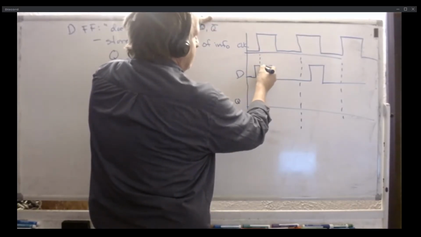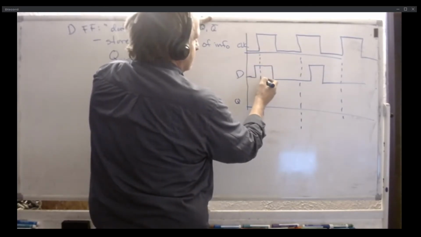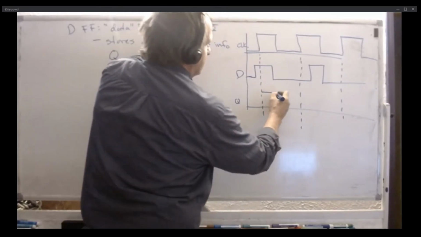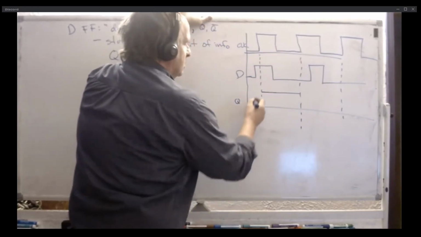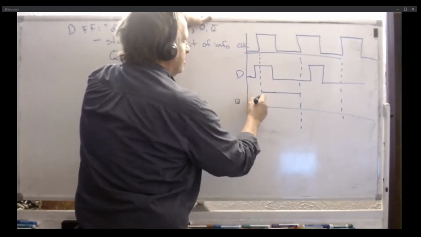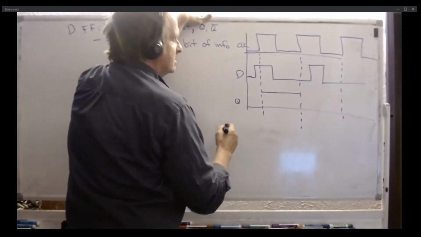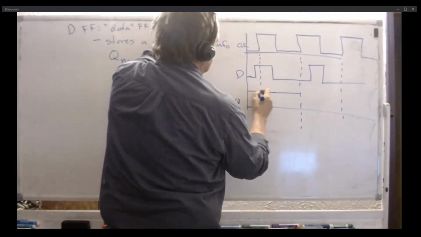What's the value of D when that active edge hits? 1. So Q equals 1 during this time span. And it stays 1 until we get another edge. What is Q in this area here? Isn't it like we don't know? Yes, it's the I don't know state.